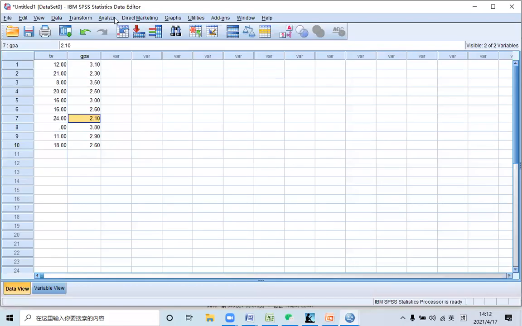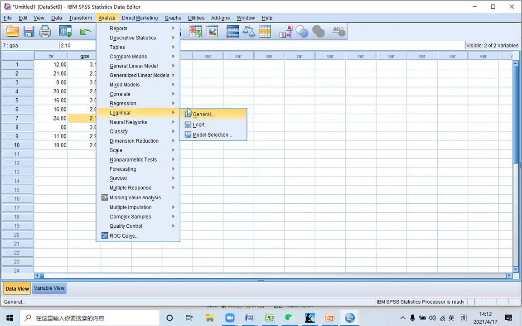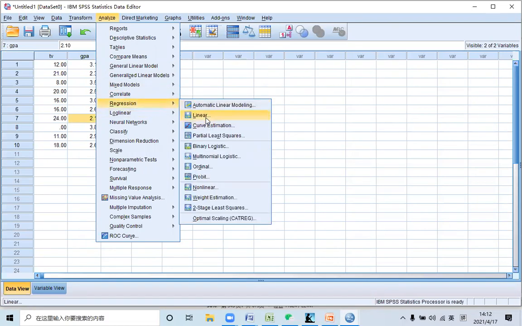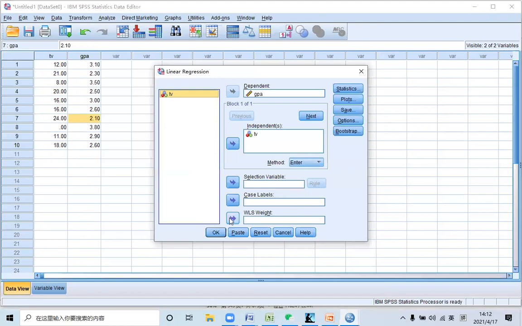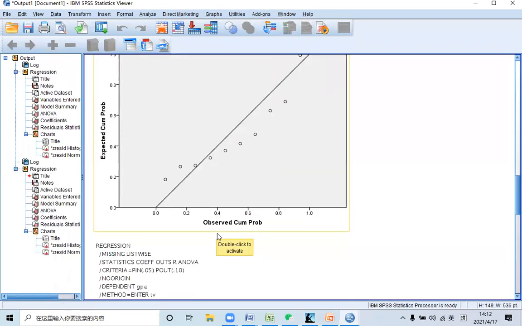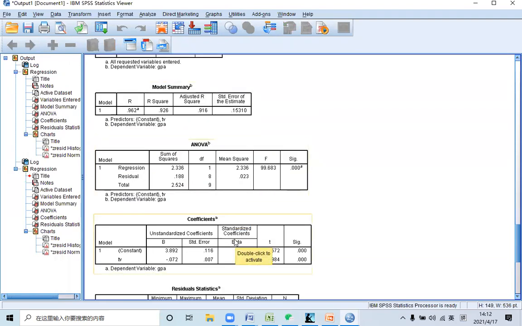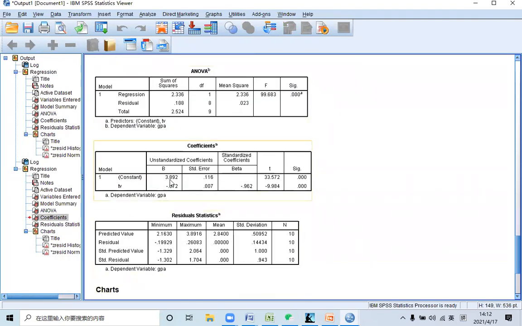Yeah, so I got some numbers wrong. Let's do it again. Regression, linear. Yeah, now we get the good numbers.